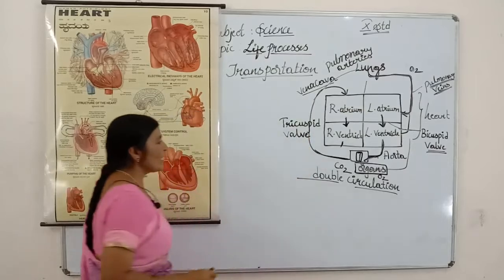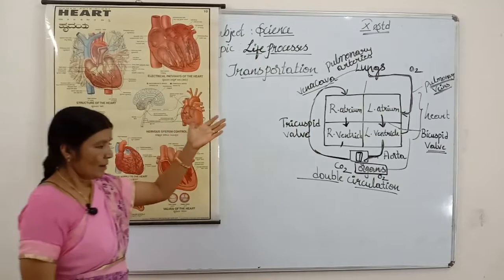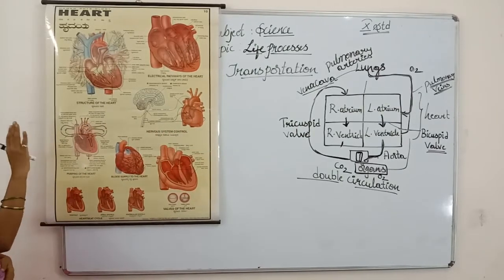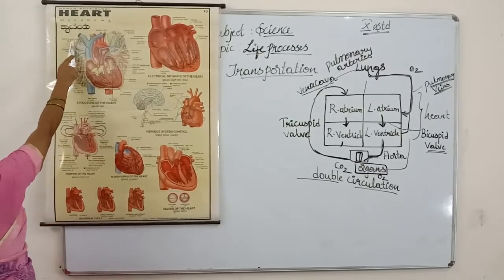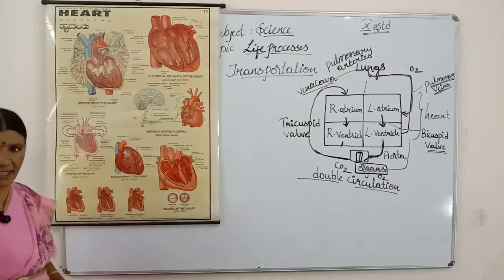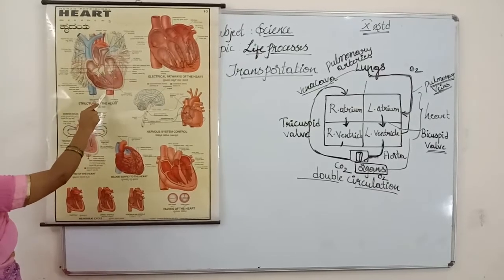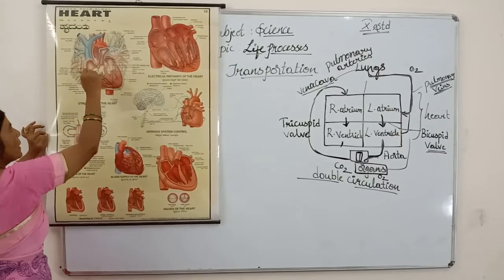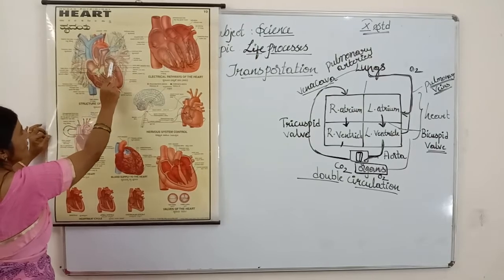We have vena cava, upper part of the heart, body parts. The vena cava collects impure blood. That is, here it is given superior vena cava. Children, this diagram is very, very important. Heart, we have upper 2 chambers called atrium, right atrium, left atrium.